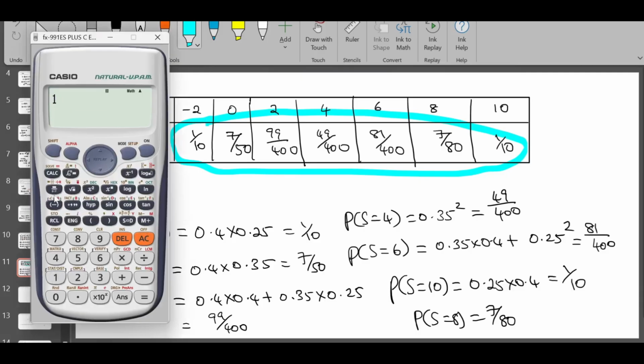So 1 over 10 plus 7 over 50 plus 99 over 400 plus 49 over 400 plus 81 over 400 plus 7 over 80 plus 1 over 10. Total is 1. That means all the values are correct.